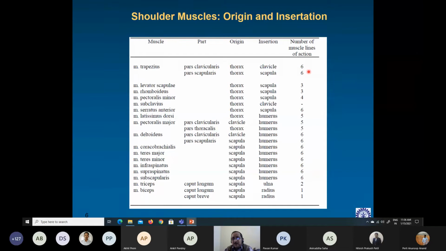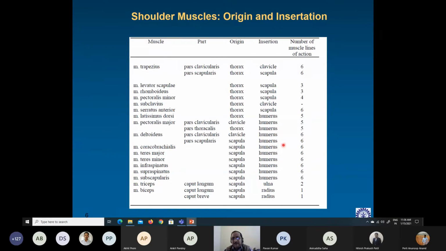As I told you earlier, the number of lines of force increases where there are large attachment sites, and it is more appropriate to represent the action of a muscle with more lines of force, because the line of action would of course be different in the case of large attachment sites.